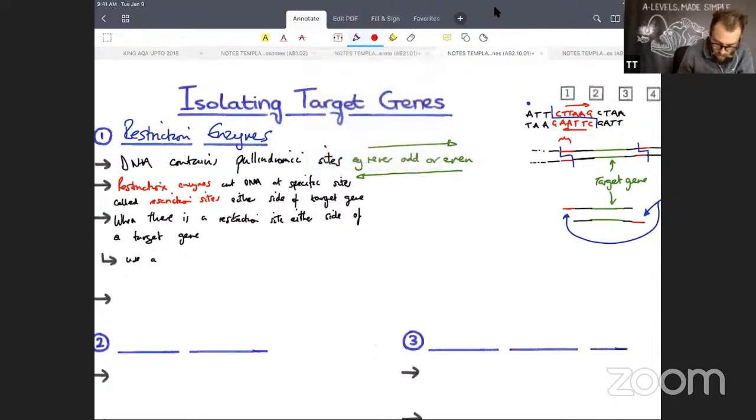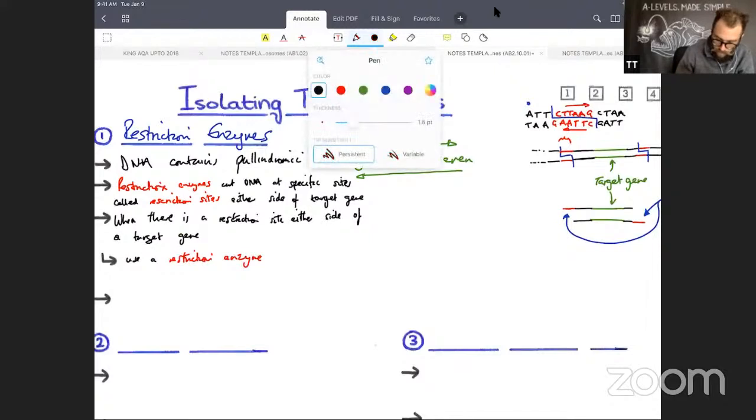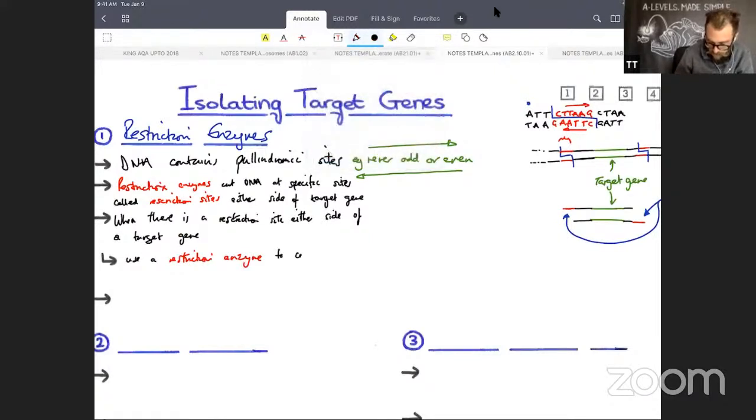Should try and keep this in red. And by cutting it out, we can call that isolating it. We are just removing it from its native environment. We can say that using a restriction enzyme leaves DNA with sticky ends.